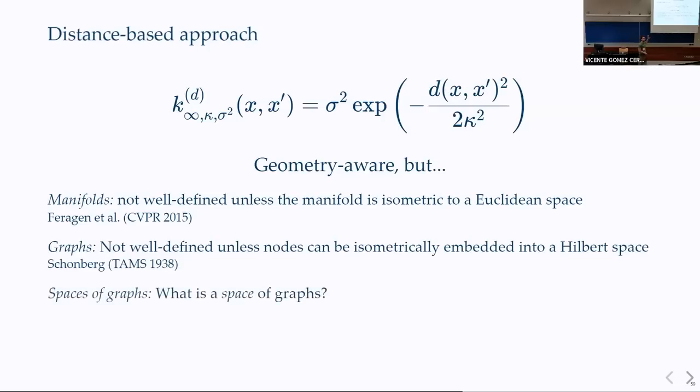The third setting, the spaces of graphs, is a little bit more involved because there is no standard definition of what a space of graphs is. So I will just postpone this until after I am able to talk a bit more about this.